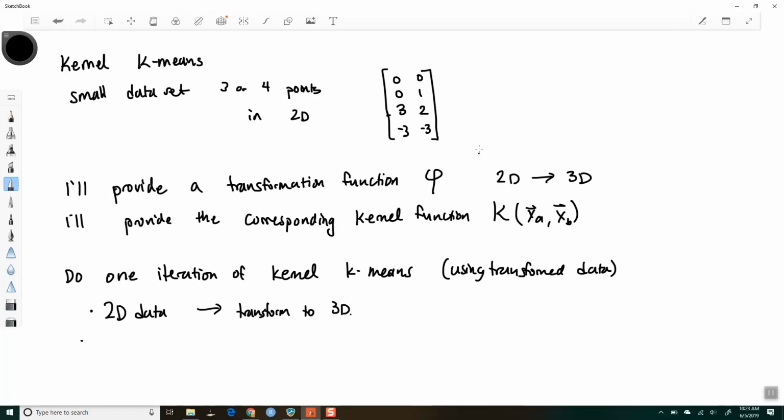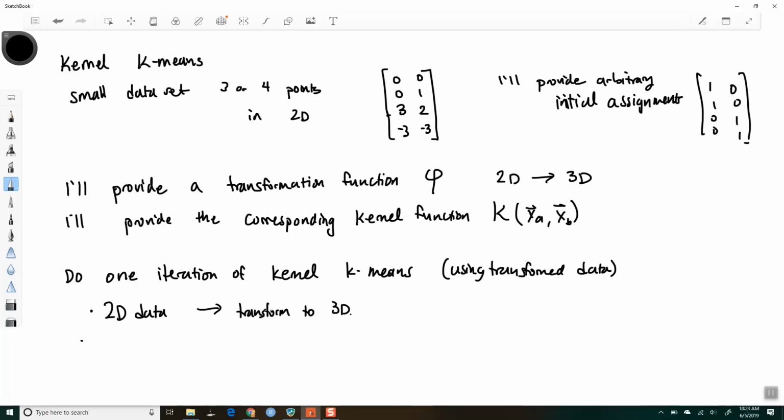Okay, I guess I'll also provide initial arbitrary assignments. Something like this, okay. Transform to 3D, find centroids in 3D.